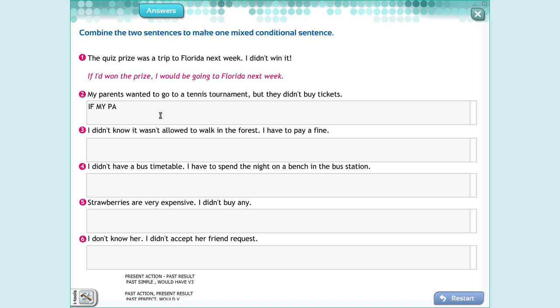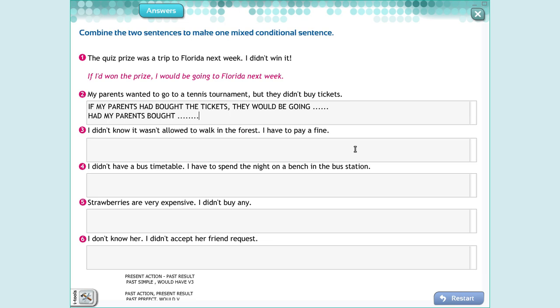If my parents had bought the tickets, they would be going to the tournament. I want to omit the if. Had my parents bought the tickets, they would be going.